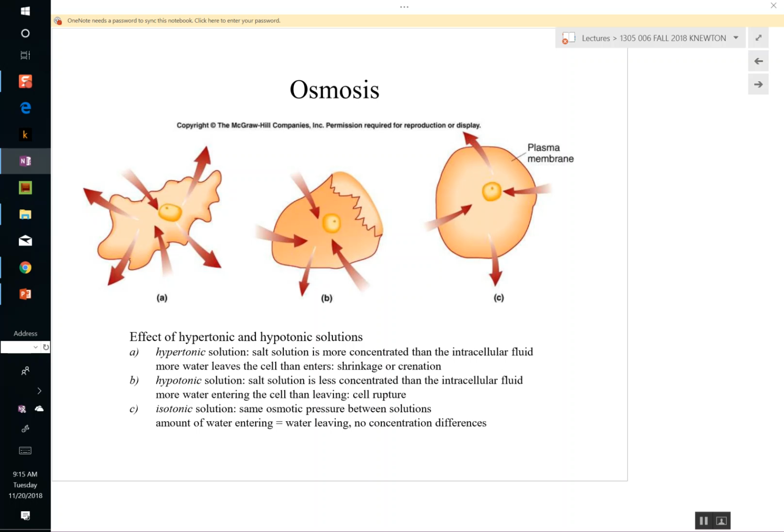Or the opposite thing: you turn the red blood cells into raisins. They just crinkle up. All the water is being sucked out of the cell to dilute the salt that's out there because the salt concentration is too high.